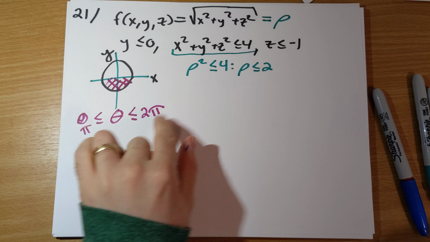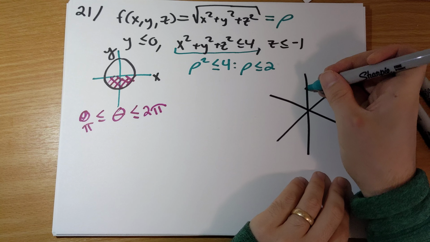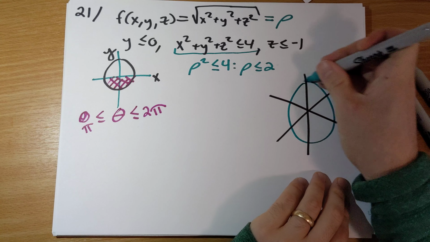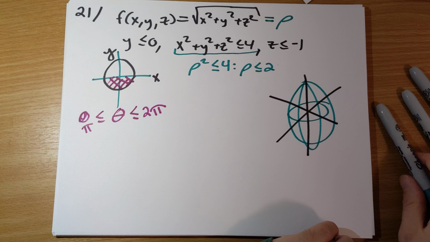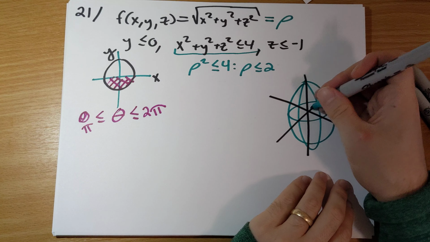Let me draw a picture here. So x squared plus y squared plus z squared less than or equal to 4 is a sphere of radius 2. And then somehow we are cutting this off. I should say that this intersects down there at z equal to -2.